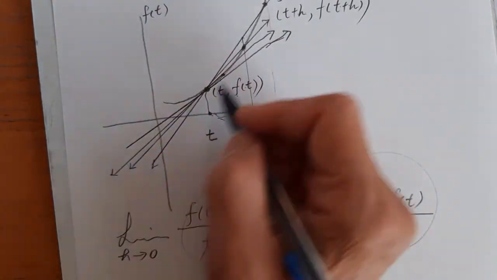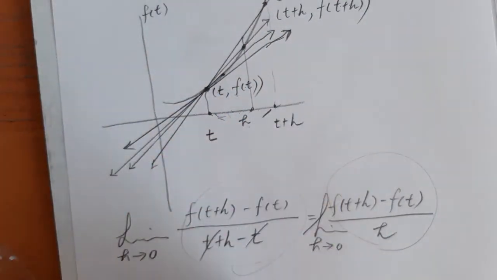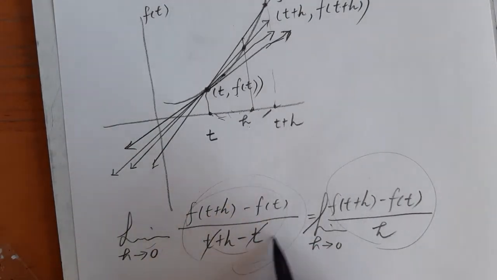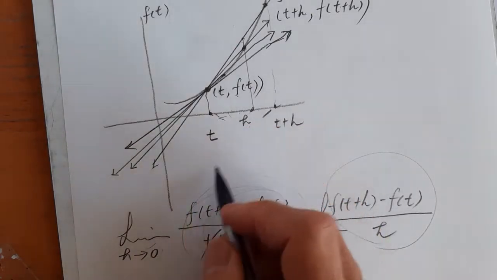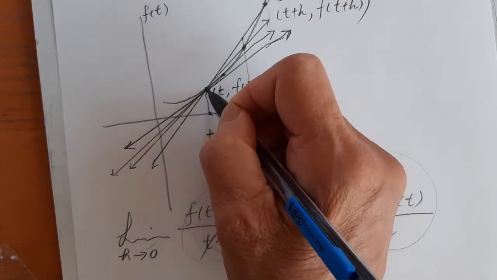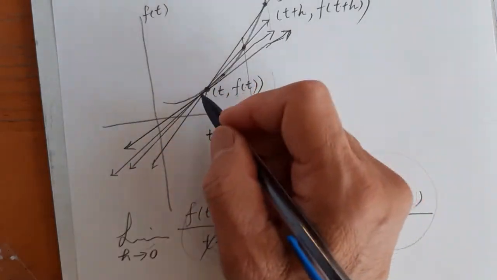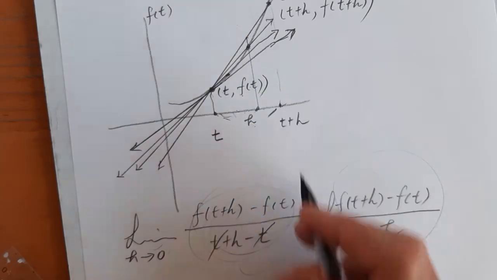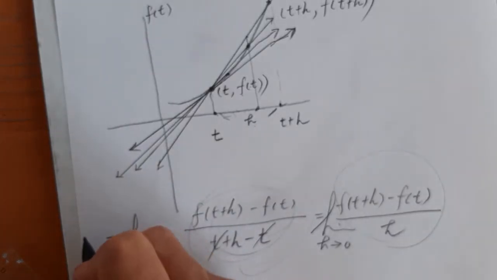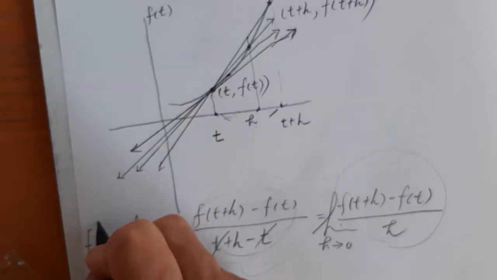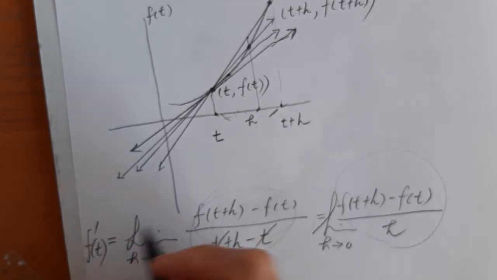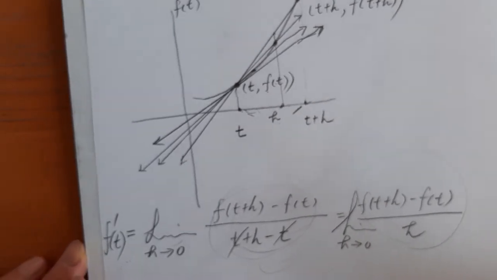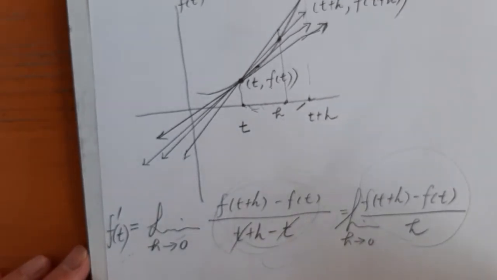This tangent line slope is the limit as h approaches 0. A tangent line is the line that intersects the curve at exactly 1 point. We define the tangent line slope using the notation f prime of t. So the derivative's definition is the tangent line slope.